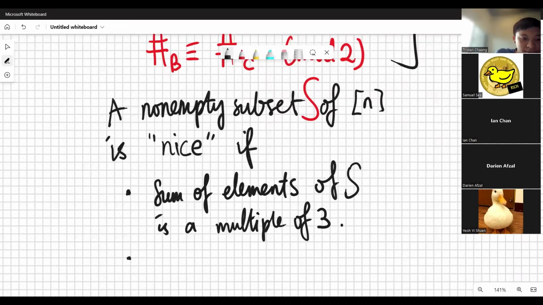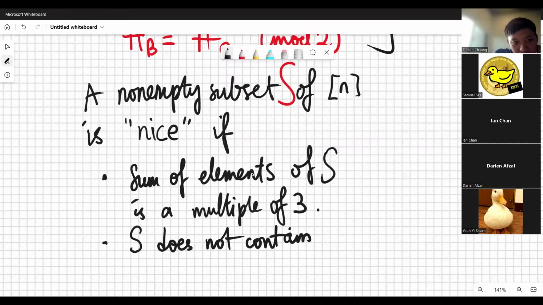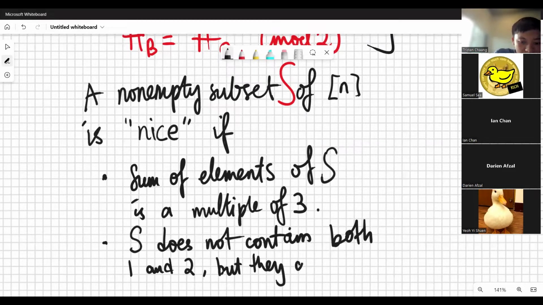And secondly, S does not contain both 1 and 2. But they are allowed to have one of them.